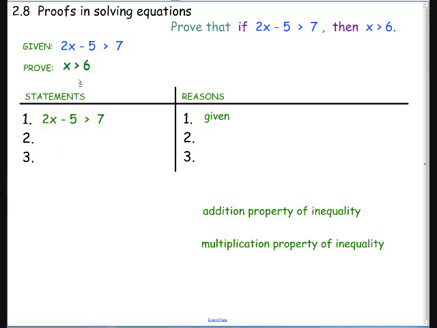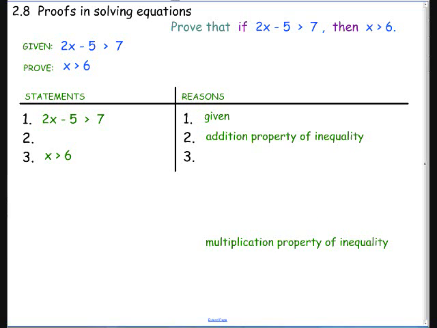I'm trying to prove that x is greater than 6. If I'm given this, so how do I go from here to here? Well, I've got some hints down here for us. I can use the addition property of inequality.